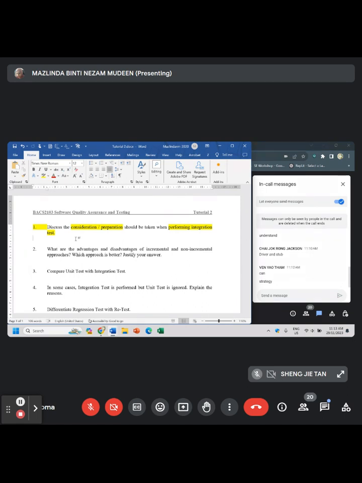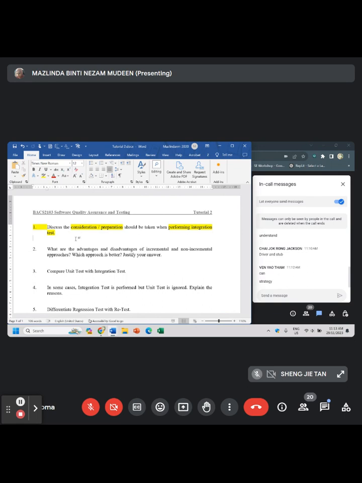Then if we are completing the terminal modules, it means all the input output functionalities are what we concentrate on first. So we can do the testing from bottom up. Bottom up means we start with the input output.